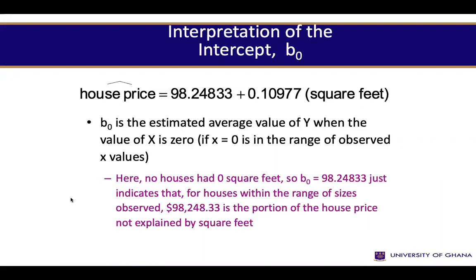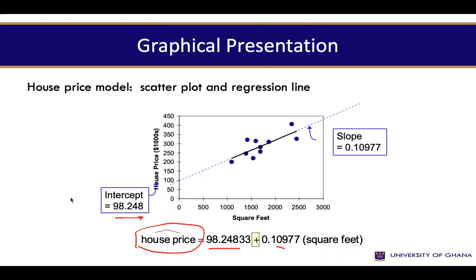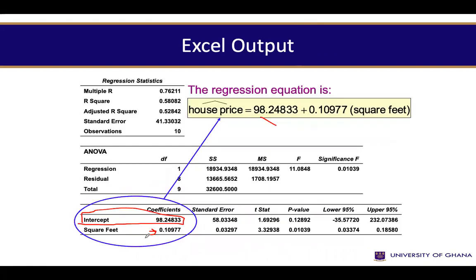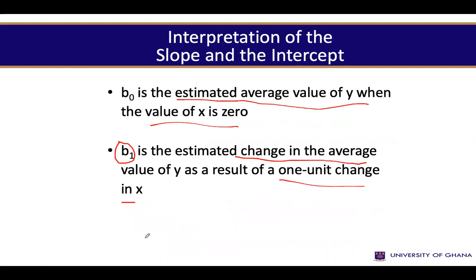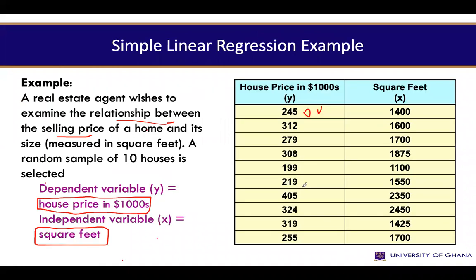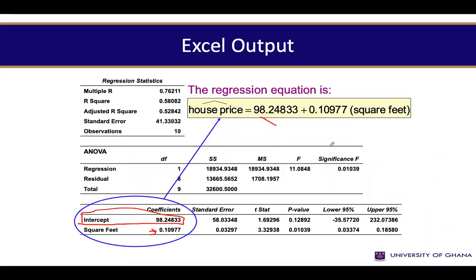So Maureen, if you are still on, based on what we said as the interpretation of the slope and the intercept, where B0 is the estimated value of Y when the value of X is 0, and B1 is the estimated change in the average value of Y as a result of a unit change in X, right? How do we interpret this equation?